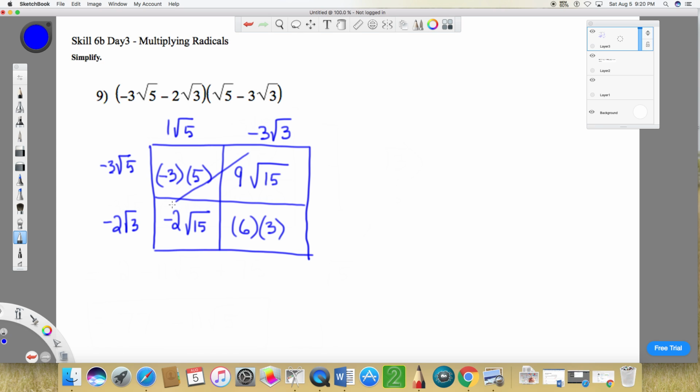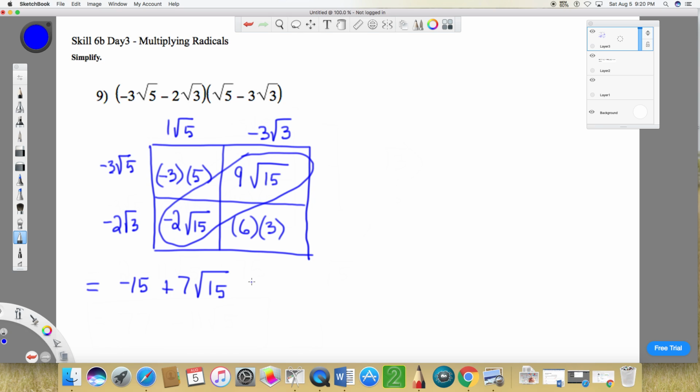Along both diagonals, they're like terms. But I'm going to go ahead and do the multiplication down here and then add those terms. So I don't want to try and do too much in the table without writing down a little bit of steps. Negative 3 times 5 is a negative 15. And 9 radical 15s take away 2 radical 15s, and I have 7 radical 15.